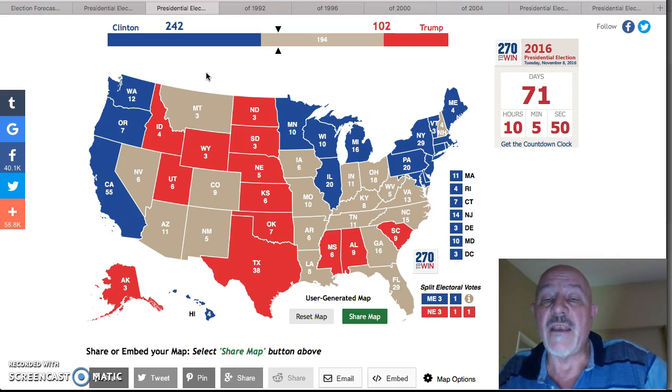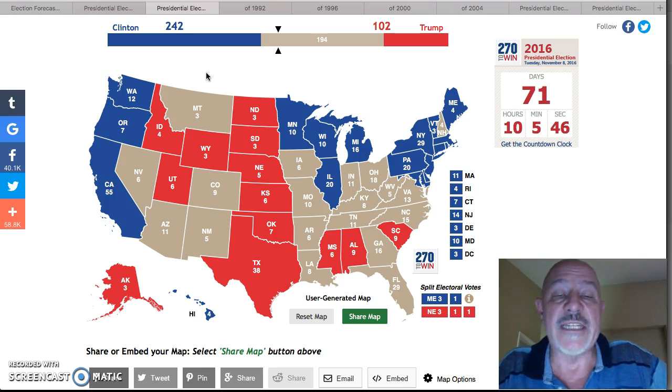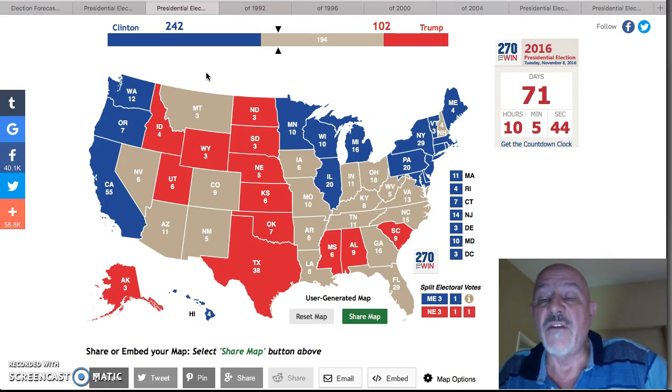With those 6 elections, it turns out that there are 10 states that have voted Republican in every one of those elections, and there are 18 states that have voted Democratic in each one of those elections.